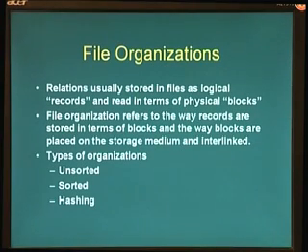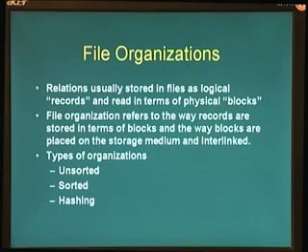There could be a 1:1 correspondence between records and blocks, which is very rare, which means each block is one record, or there could be many records per block or many blocks per record, depending on how we define our record structure. The term file organization refers to the way in which records are stored in terms of blocks, and the way blocks are placed on the storage medium and are interlinked so that they can be accessed from one another.